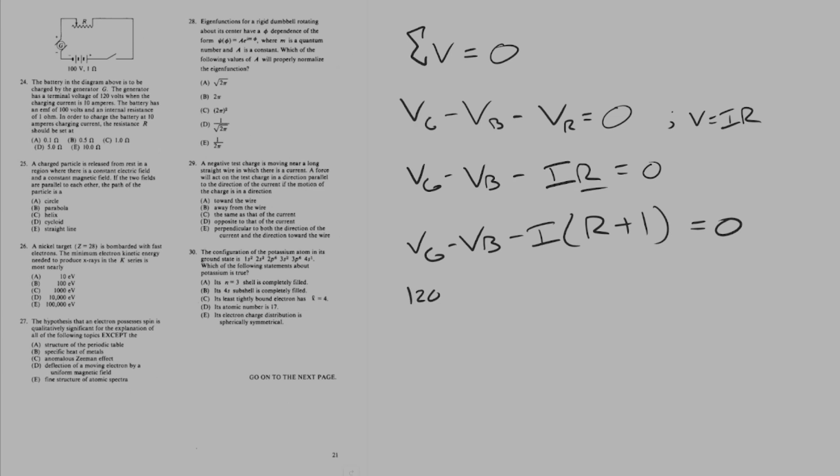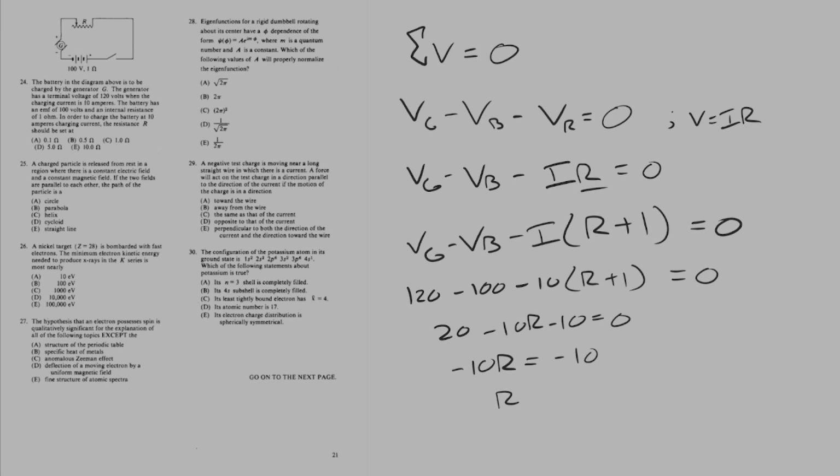I have 120 volts, 100 volts, 10 amps, R plus 1 is 0. 20 minus 10R minus 10 is 0. Do some math. I have minus 10R, and that's going to be plus 10 minus 20 is minus 10, so R is 1 ohm, which is answer C.